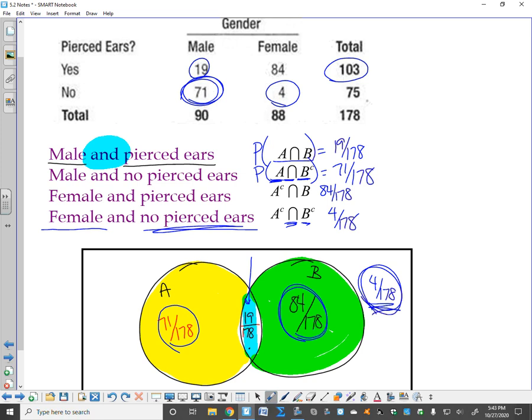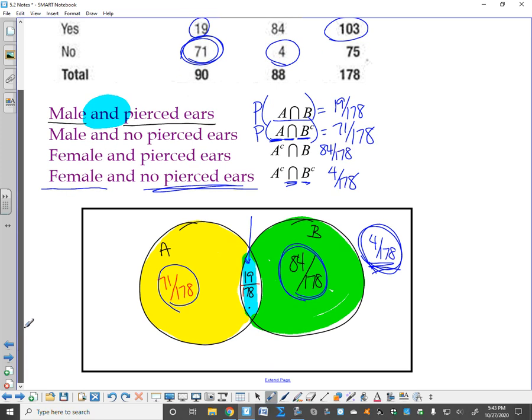The main reason people forget, because you're going to practice this, like you'll get the hang of it if you haven't already. But people will look at this, and instead of putting 71 over 178, they'll just put 71. Well, that's not a valid probability. That's bigger than 1. So make sure you write your probabilities as fractions. The other thing people will do is they'll look at this big A bubble, and they'll go 90 over 178.